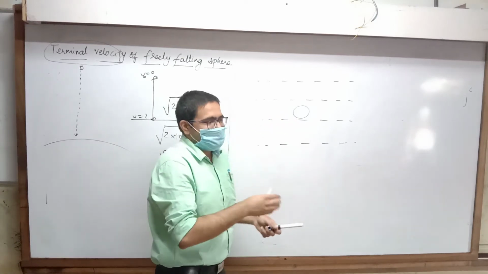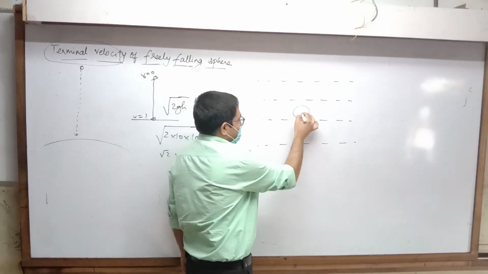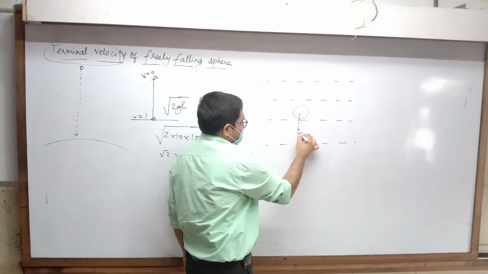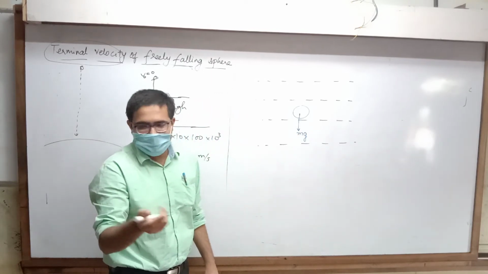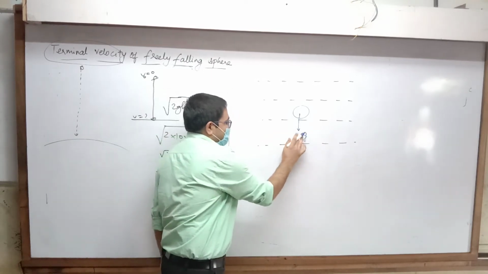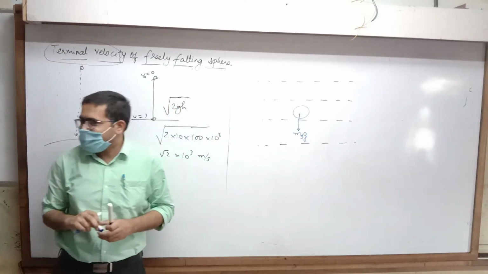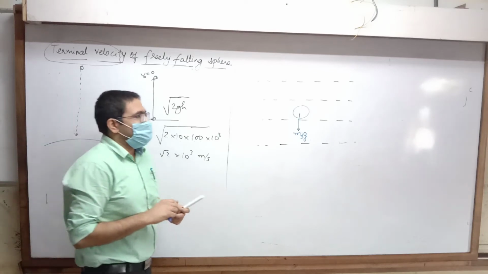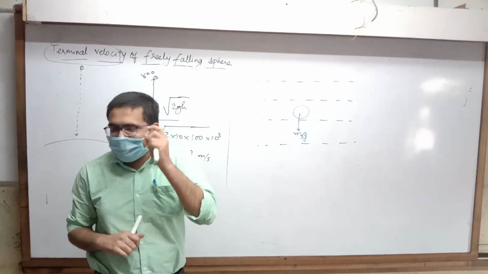It's falling down, so the downward force is mg, that is its mass into g. I'm writing ms, s for sphere. You understood why I'm writing ms? Now, which other forces do you think would act on this thing?